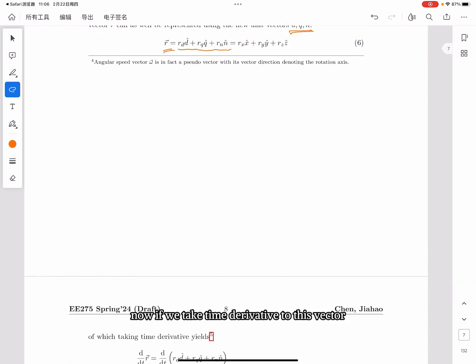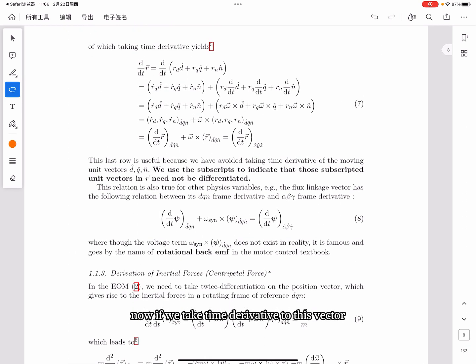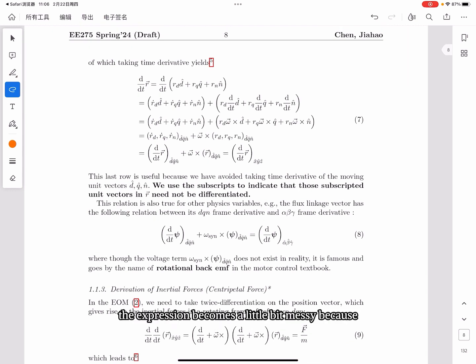If we take the time derivative of this vector, the expression becomes a little bit messy because the derivative, for example, of unit vector n hat is never 0 anymore. Apparently we can rewrite the time derivative of n hat in terms of omega.